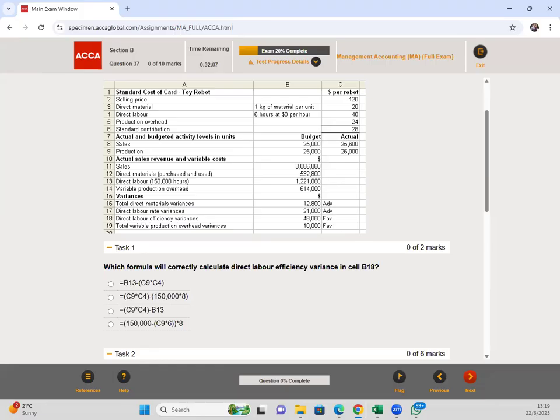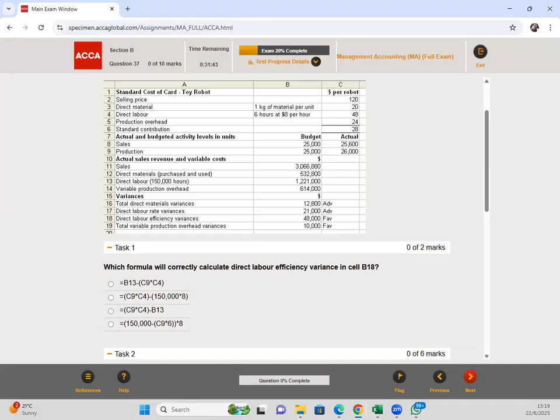Can you look at the question, try to figure out which one maybe can mimic our formula then. B13 is what? B13 is the direct labor cost. I doubt that one. C9 and C4 is what?